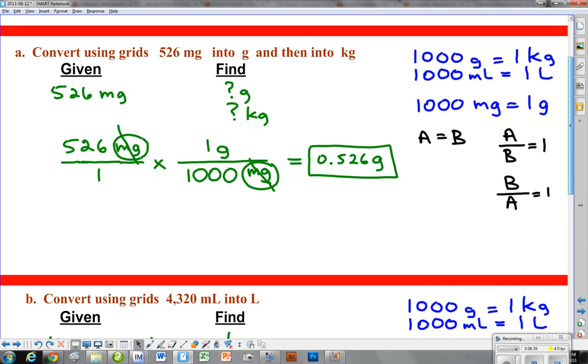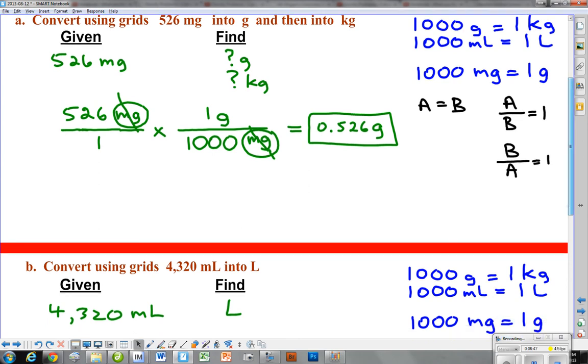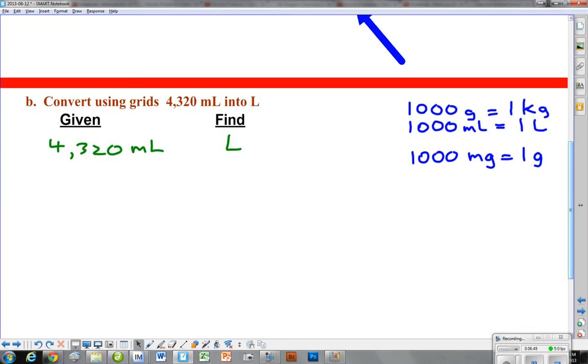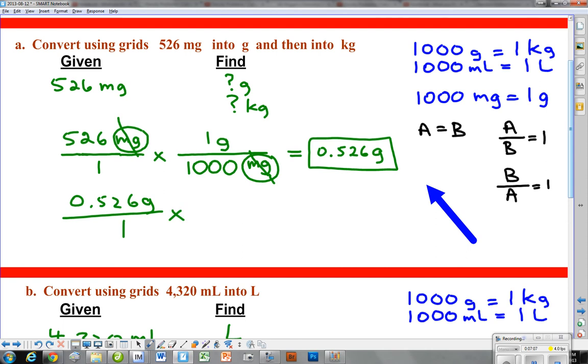I apologize for that. In this problem, the second part, or the second answer, is going to be taking this and making it the new given. So this will be over 1 now. And so we can take 0.526 grams over 1 times, this time we're looking for something that takes grams to kilograms.